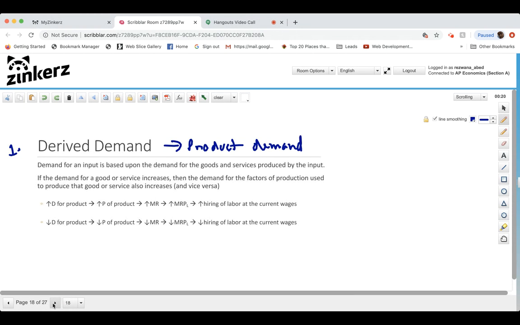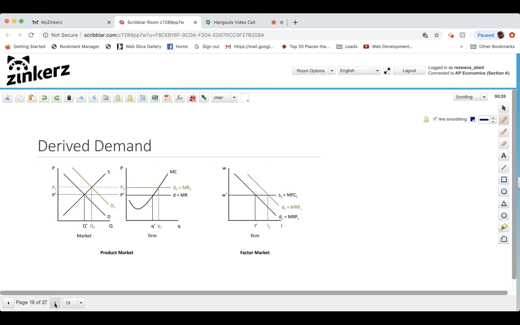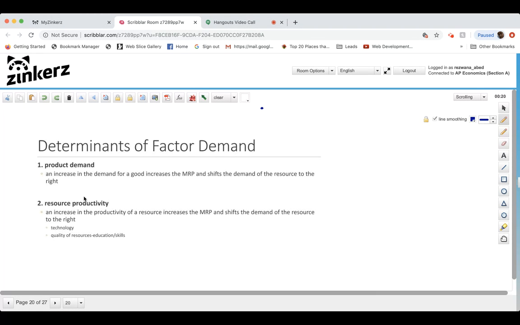Okay, so demand for an input. If we are talking about shoemakers, there is demand for shoemakers because there is demand for shoes. As you can see, the demand for shoemakers exists not because we care for shoemakers, but because we care about shoes.